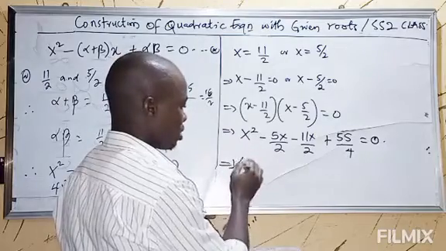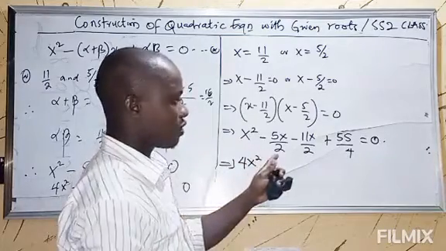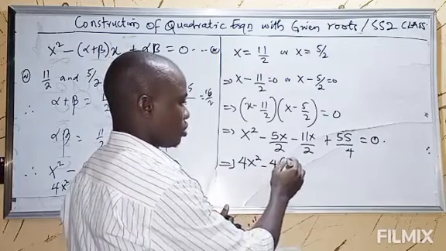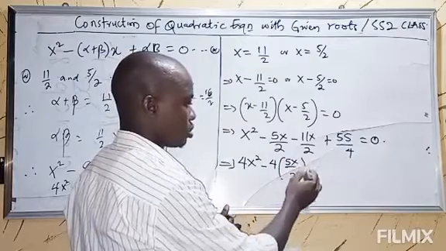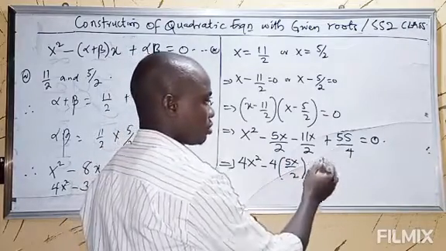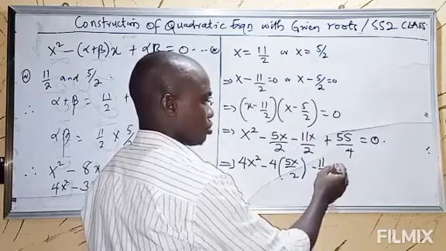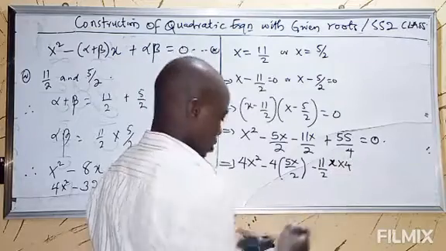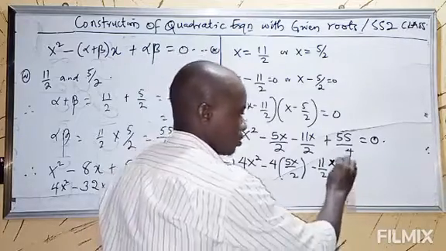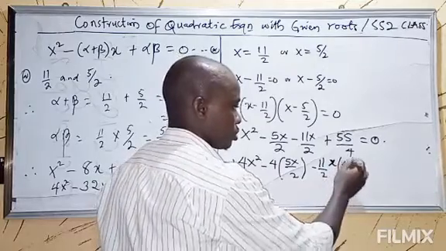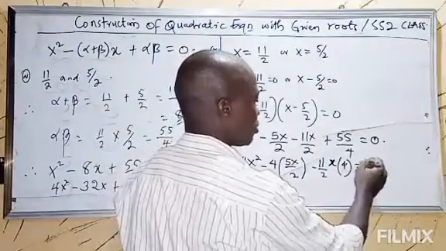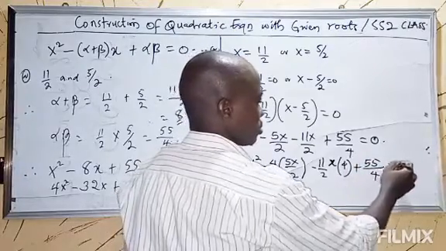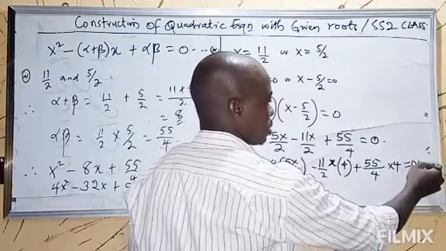So 4 times this one, we have 4x squared. 4 times this one, that is minus 4 times 5x over 2, minus 11 over 2 x times 4, or let me use brackets. Are you getting it now? Equals to 55 times 4, and equals to 0 times 4.